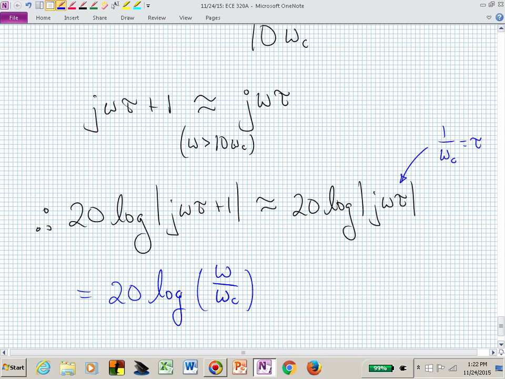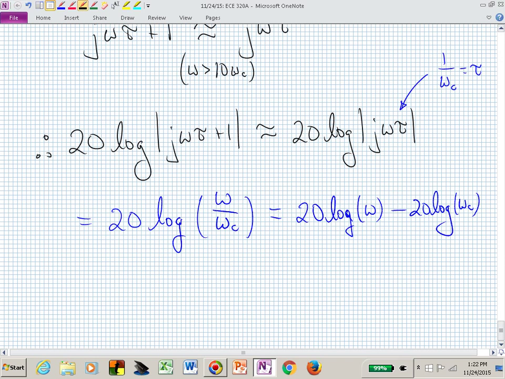So we're no longer worried about the absolute value. And now that I have a ratio, what can I do with that? Because we're playing with logs, I can break that into two pieces. I have 20 times the log of omega minus 20 times the log of omega c.